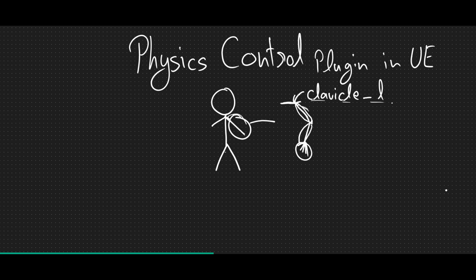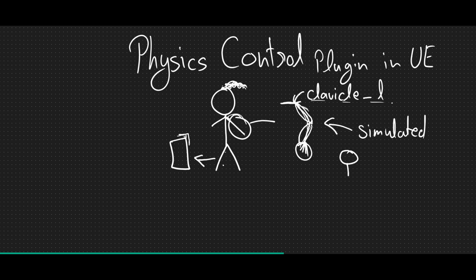Additionally, let's say that your character has a ponytail. You can designate it as a limb in the physics control data and assign different values to influence its behavior as you desire. As the physics control simulates the arm movement or any limb in your body, the character can interact with its environment, creating some amazing effects.